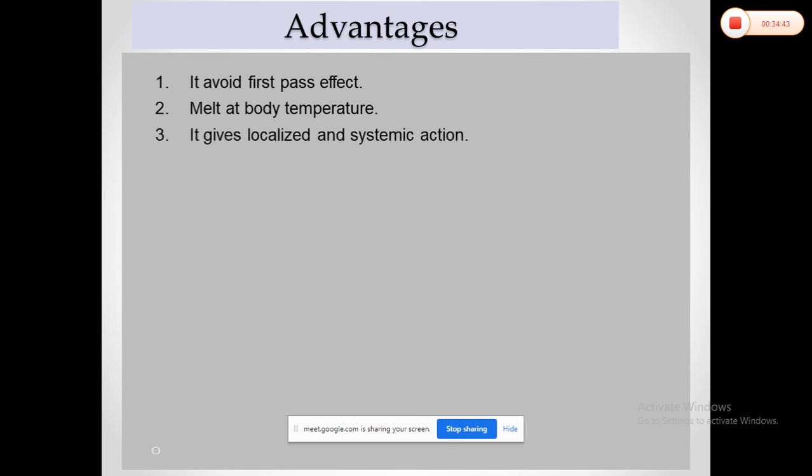Then it gives localized as well as systemic action. Once it is inserted into the body cavity, it produces the local effect of the medicament incorporated into it, like relieving constipation, pain, irritation, or itching, and some systemic effects also.